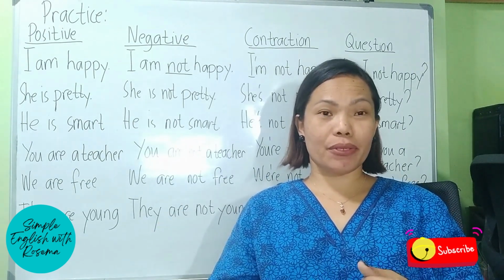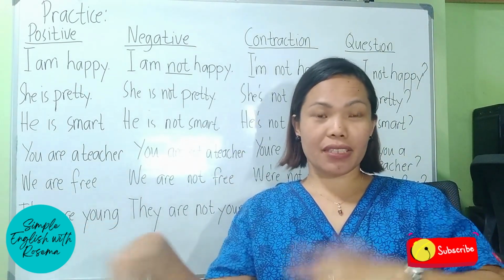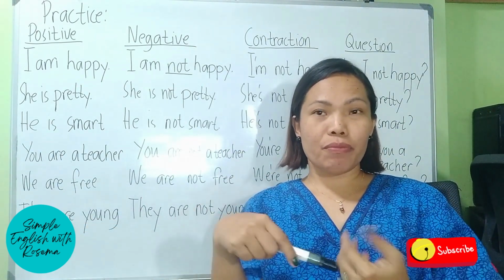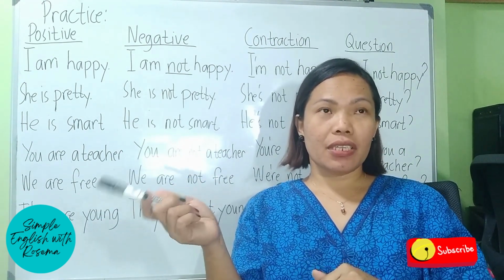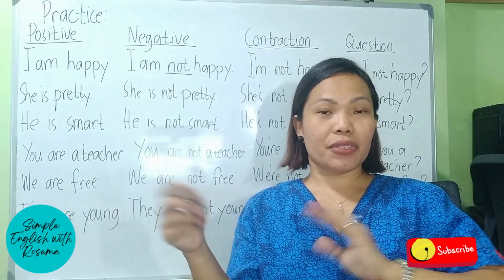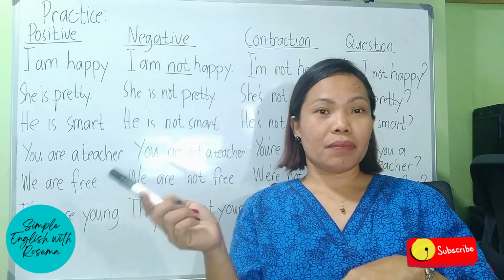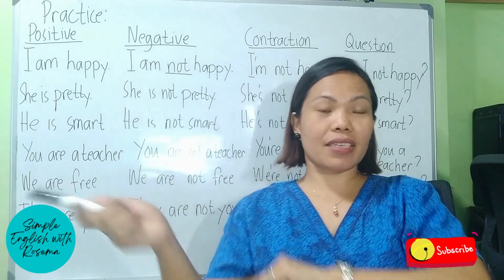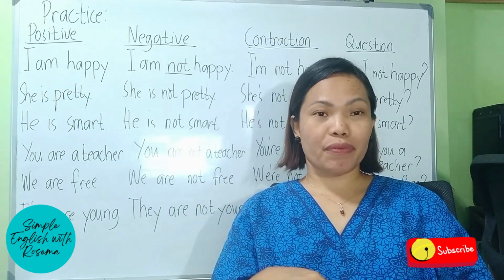I am is our present tense be verb and pretty is our adjective. Also, sometimes it is followed by a preposition. Let's say, for example, he is inside a car. So inside is our preposition. He is inside a car. So, is is our present tense be verb.